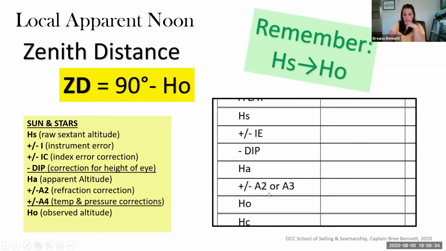And then we have our apparent altitude, our HA. And then we can calculate or look up in our little bookmark our refraction correction, our A2. And if we want, we could even do the A4, but we'll just do A2. And then we get our HO. So then we'd have to do 90 minus HO to get zenith distance. So we still have to do that part of the site reduction form.